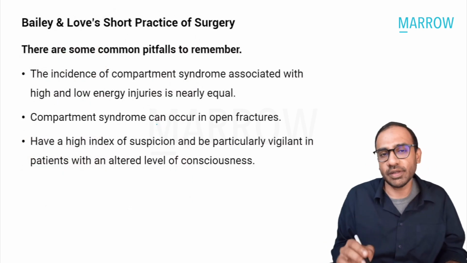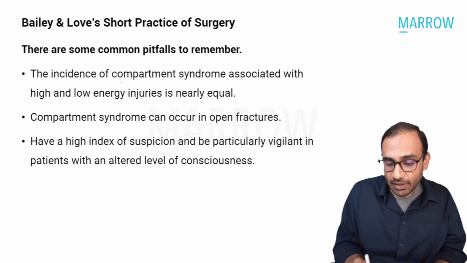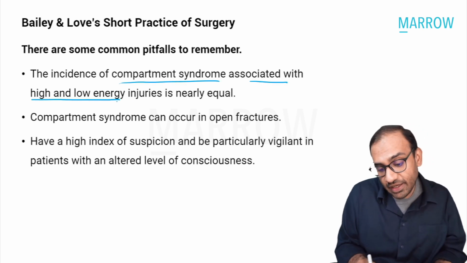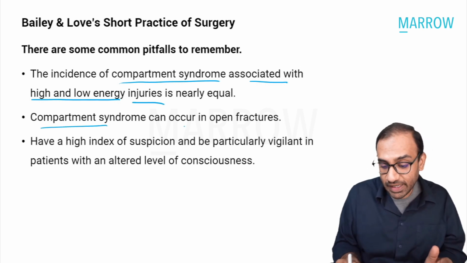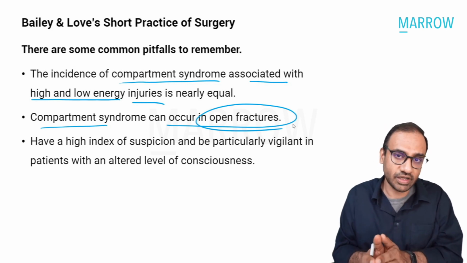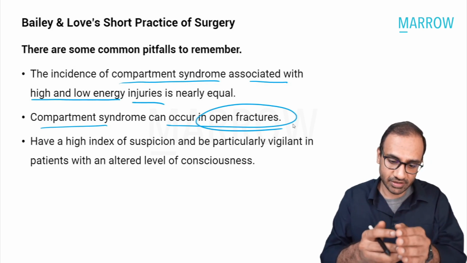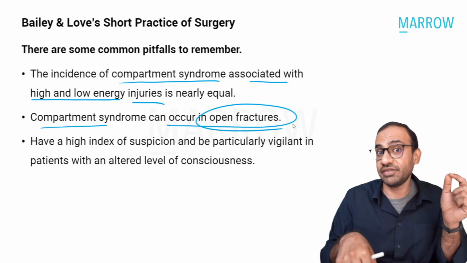Also remember a few confusing points that can be asked on your exam. Compartment syndrome is associated with both high and low energy injuries. It can occur in high as well as low energy injuries. Compartment syndrome can also occur in open fractures, which a lot of you will not believe, because even though in an open fracture the fascia is already injured, it's not the complete fascia that is injured.